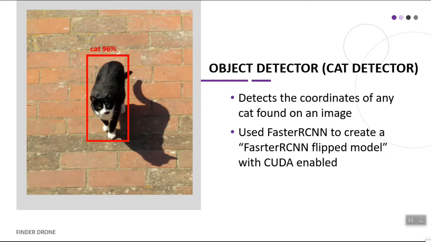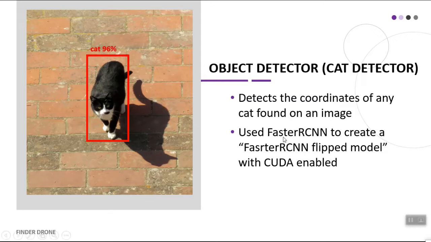that is suitable for aerial images, well, more suitable than the default one, because Faster RCNN is trained with images from the front, right? So this cat is from the front, so this is detected by Faster RCNN with defaults. But let's assume that this image is flipped vertically, because the drone could catch it that way, right?